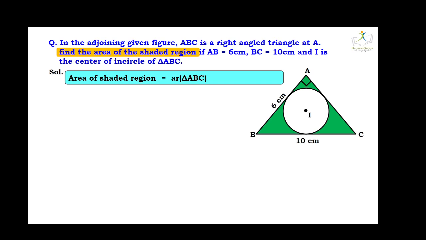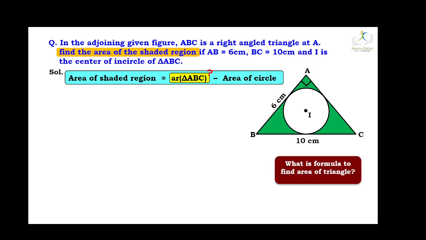Next we want the radius of the circle. If we know the radius, then we can find the area of the circle and subtract. So here the challenging part is finding the area of the circle. The area of the triangle is very simple because AC we can find with the help of the Pythagorean formula, correct? So here, area of triangle minus area of circle.